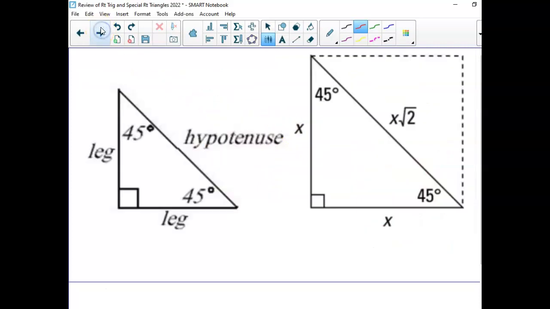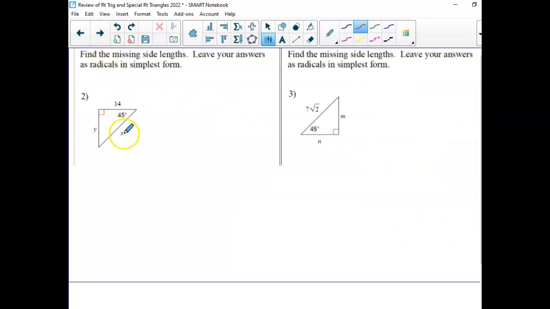So let's find a couple of these. Number 2, if one leg is 14, what's the other leg on this one, guys? This is y, so this is 14 as well. And the hypotenuse, we know right away, is 14 square roots of 2, if we memorize that pattern. Everybody okay with that one?